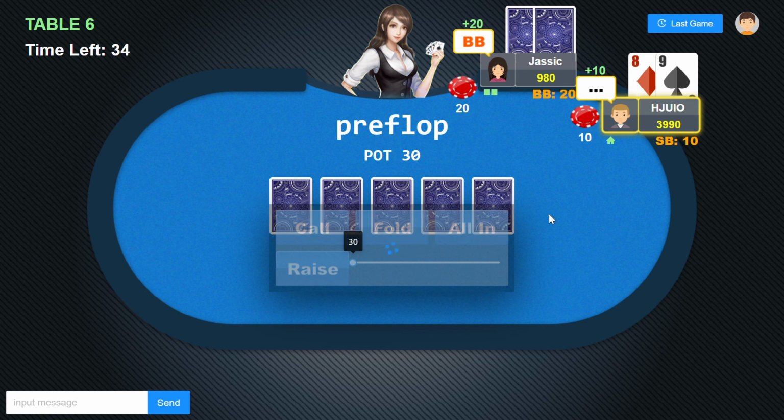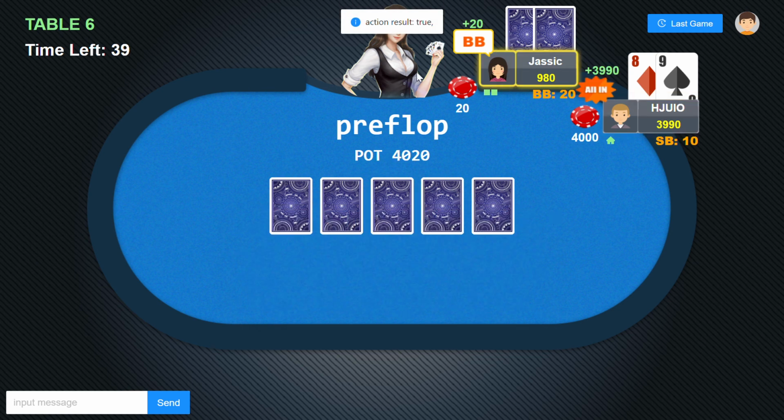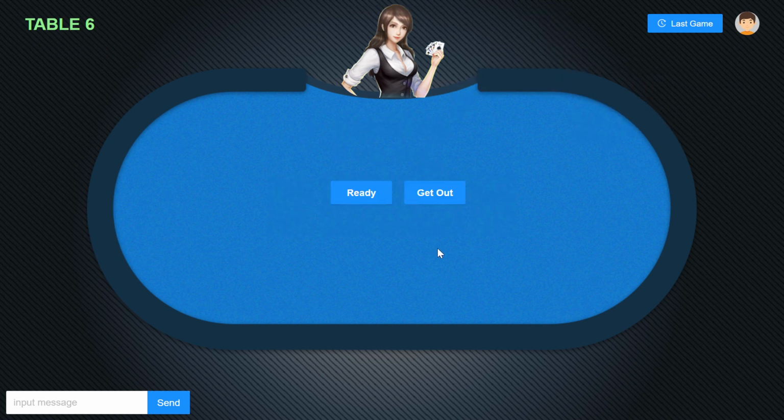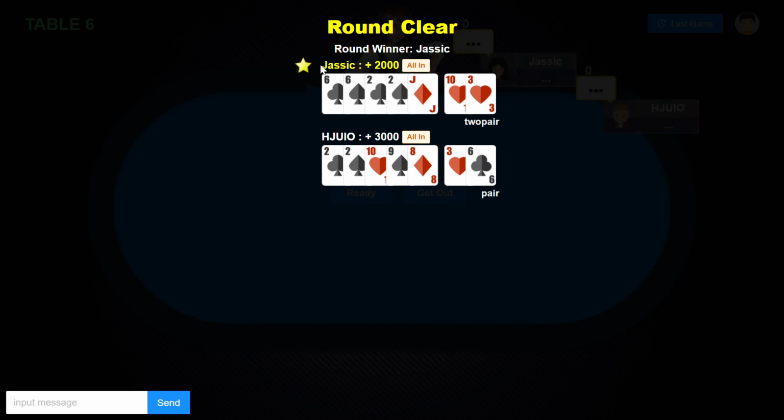This game is very interesting. It should be very sharp. It shows the result is true, so that means this is a pre-flop of this amount. You see the winner. The winner here is this guy, Jasic, and I become the second one. So this is how we play this Texas Hold'em game.